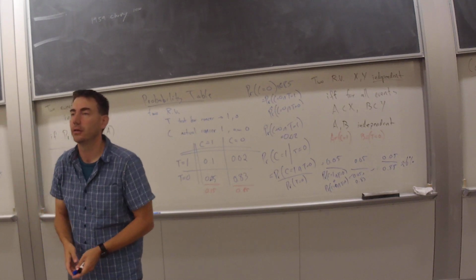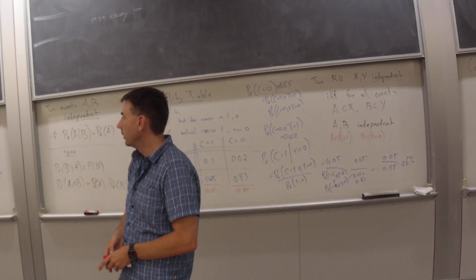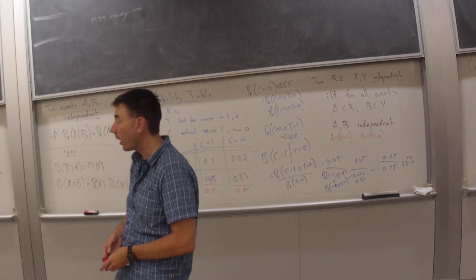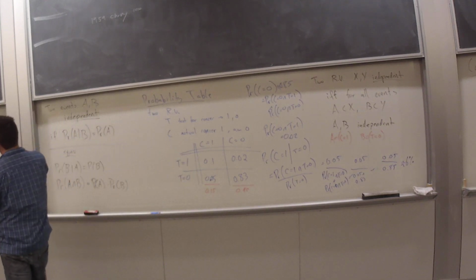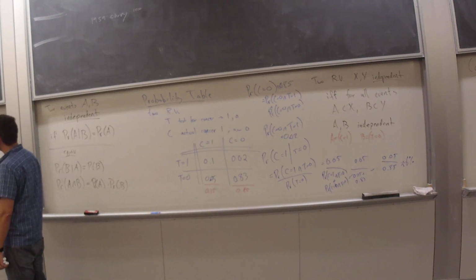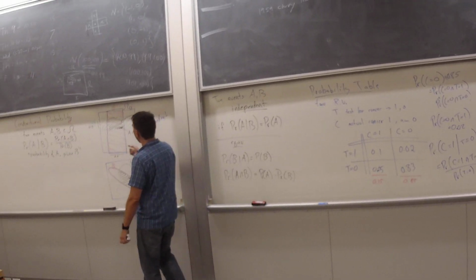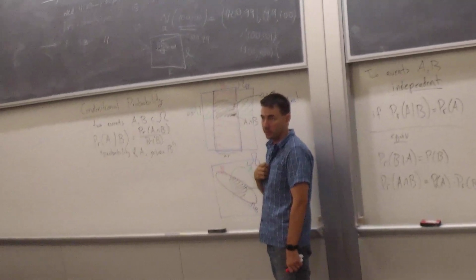Question? Can you re-explain how that top chart is independent? Yeah, right. So, okay, I don't have random variables here. I just have events A and B. The way I'm going to measure probability here is by the area in this chart.